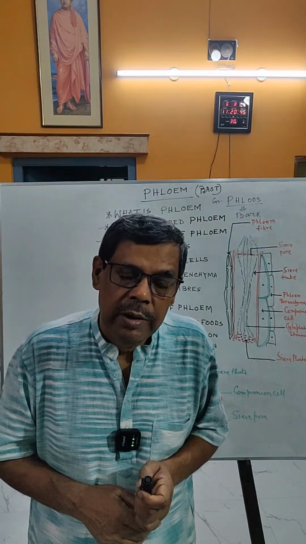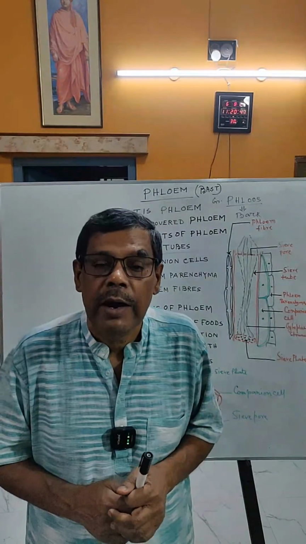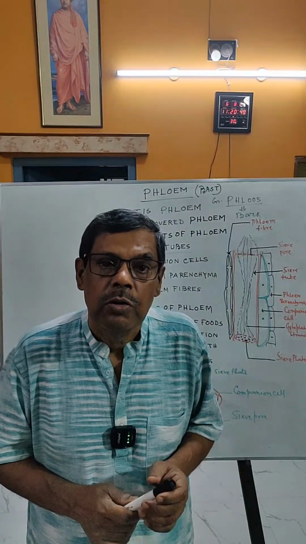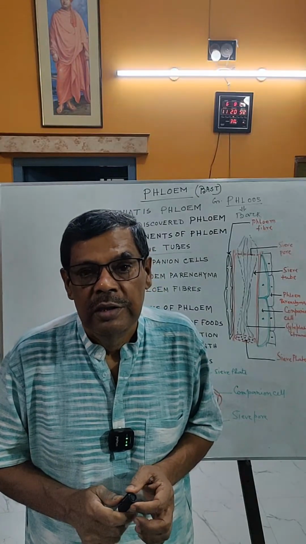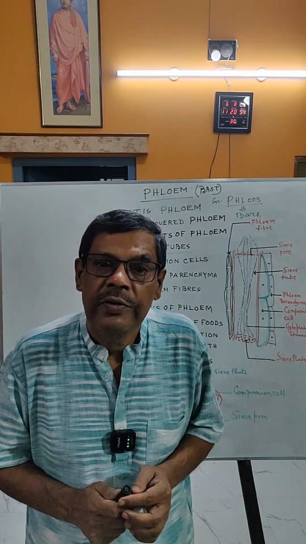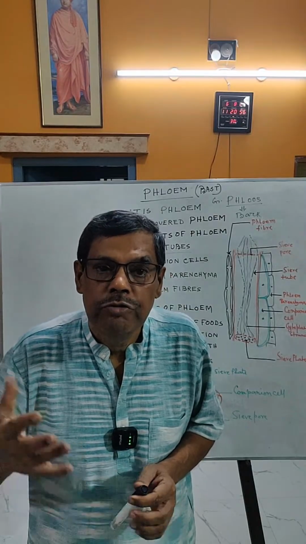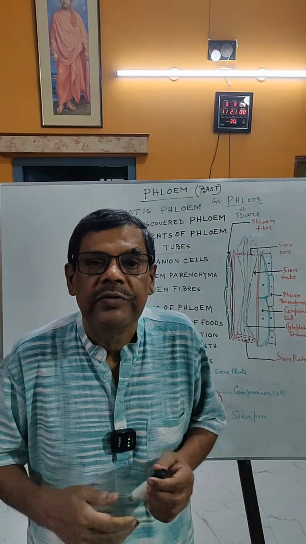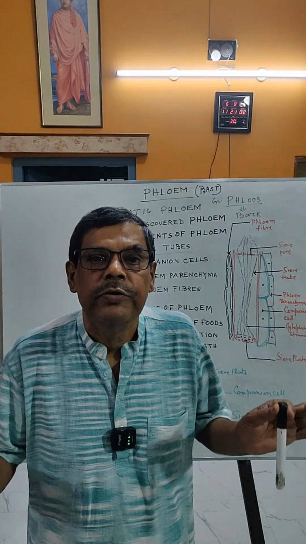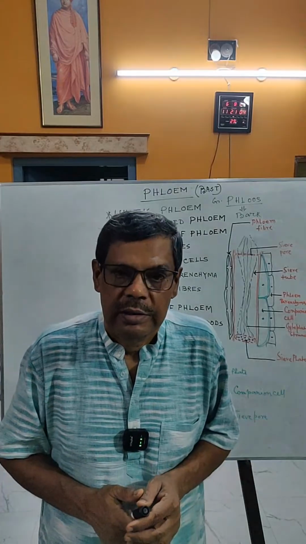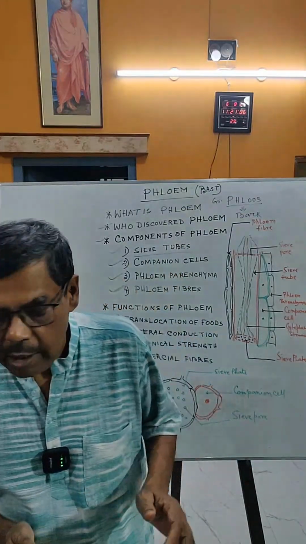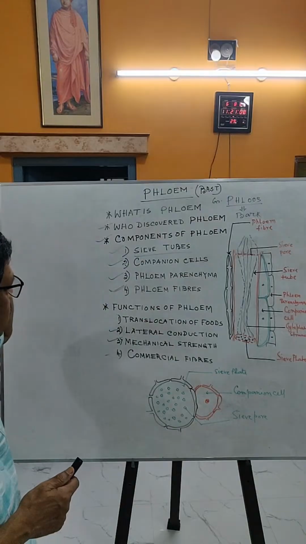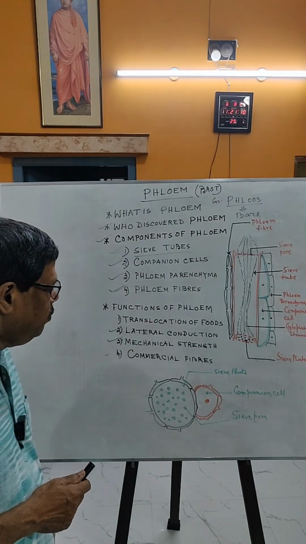They are very important for commercial purposes. So phloem fibers are used as commercial fibers, that is jute, hemp, etc. are the source of this fiber. These are the functions of phloem.